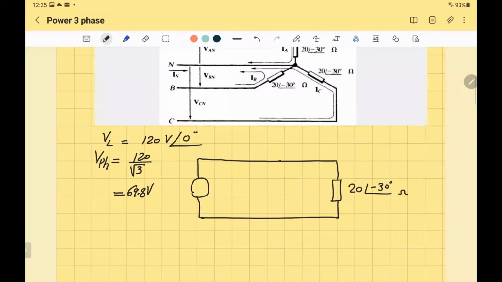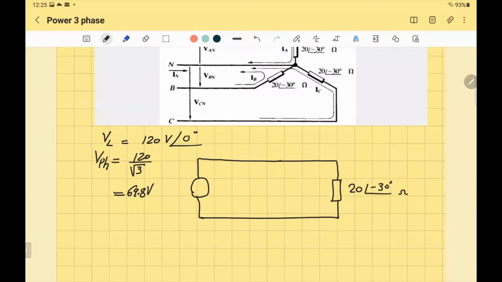I just mentioned a minute ago that the line voltage is leading the phase voltage by 30 degrees, right? So if the line voltage is at angle 0, what do you think the angle of the first phase will be? Negative 30. Why?